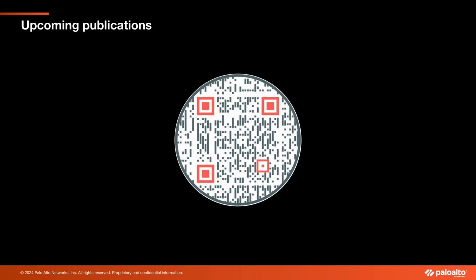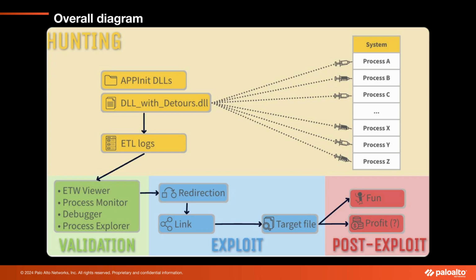But let's have a summary of what we did and what is going on, right? The first thing is we created a Detours DLL to be able to instrument different functions, in this case NtCreateFile, because we want to see when files are operated on. The second step is to check the logs once they are done, in our case every 7 days, and then we validate them.